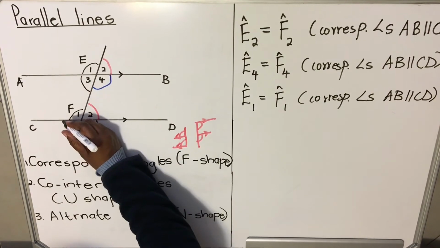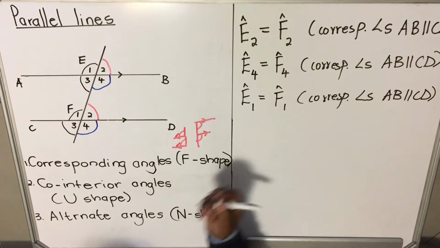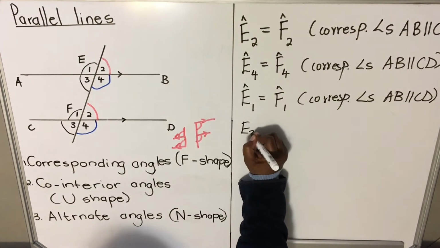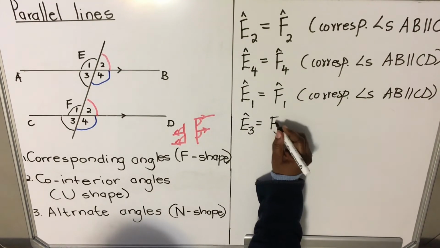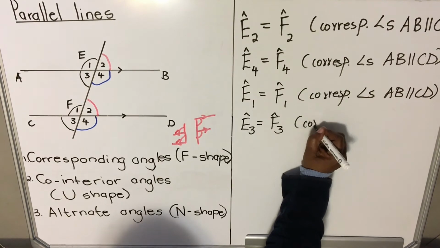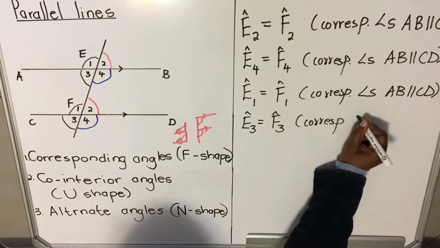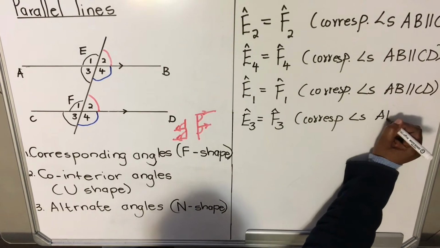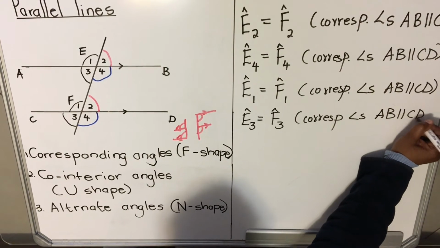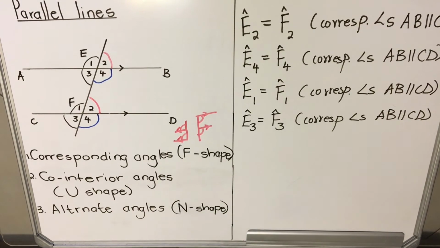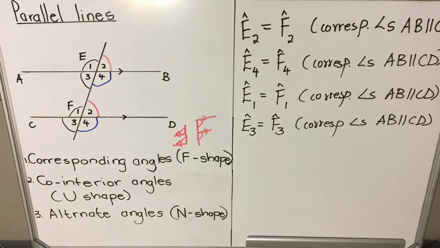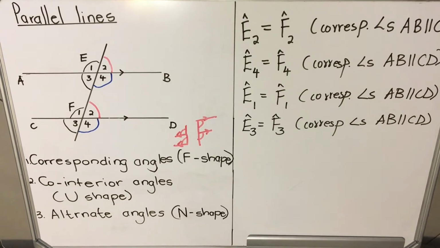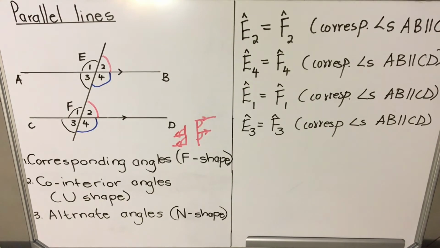That angle equals that one. E3 equals F3. Corresponding angles, line AB parallel to CD. Do you see in one diagram you actually have 4 sets of corresponding angles? So when you get a question, you really need to look at which ones are corresponding angles, and which lines I am using as parallel lines.